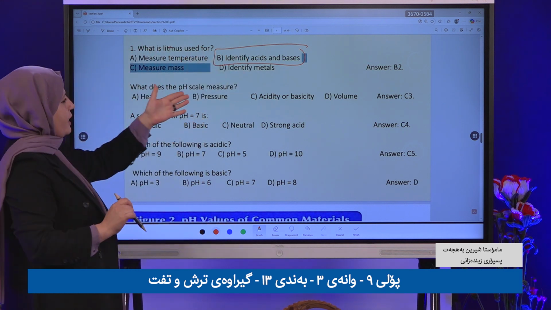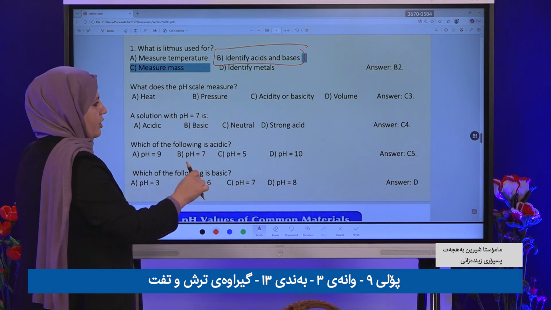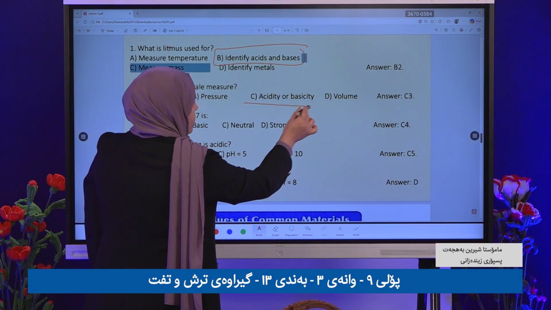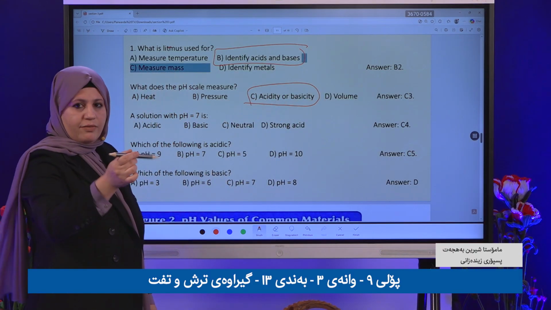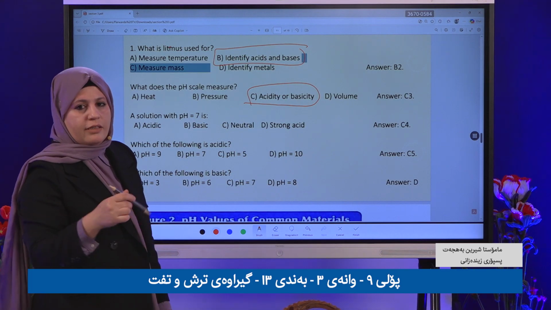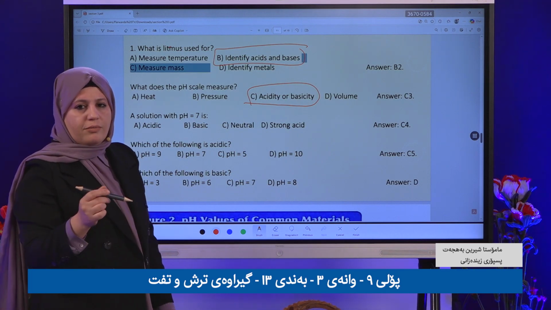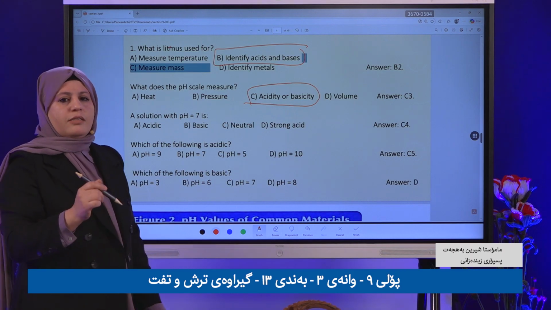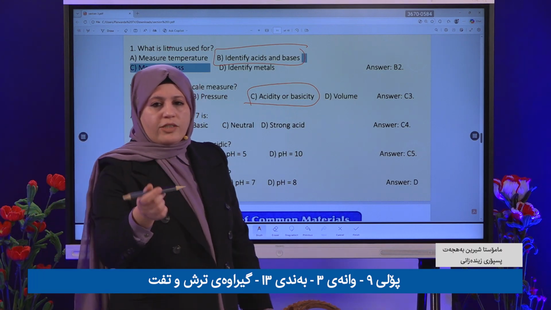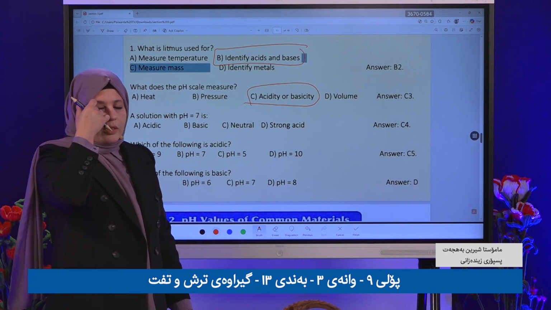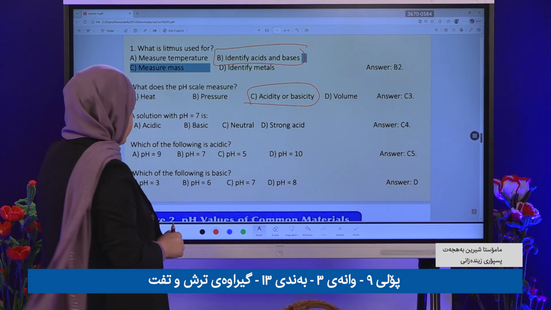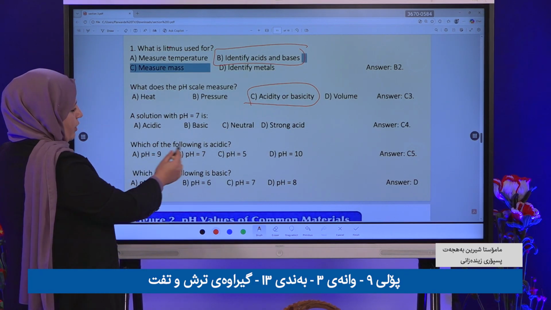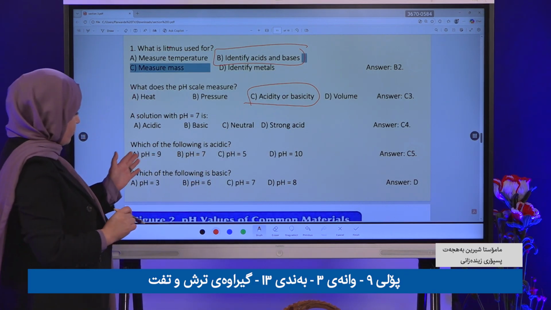So what does the pH scale measure? Measuring acidity or basicity and giving the value, telling us the number. The number, for example, is 7. pH is 7, that means neutral. pH is 3, that means it is acid. pH equal to 10, that means base. Which of the following is acid? Which of the following is it?